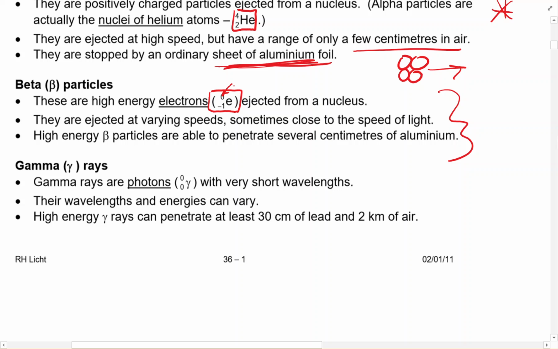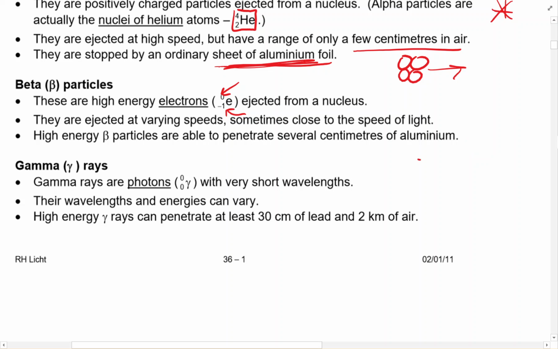Because it's essentially 0, and really this number up top is talking about the nucleons, so protons or neutrons, so that makes sense that that'd be 0. And then an electron has a charge of -1. They are ejected at varying speeds, sometimes almost the speed of light, but it's kind of random. And then high energy beta particles are able to penetrate several centimeters of aluminum.